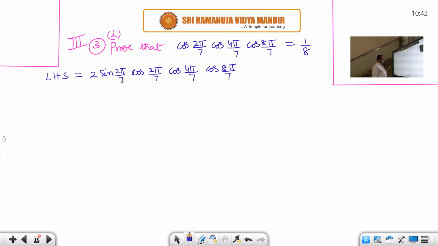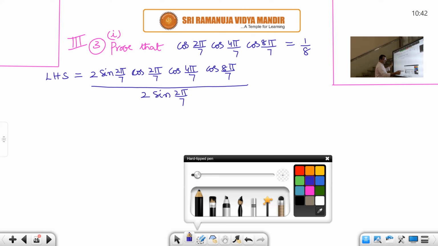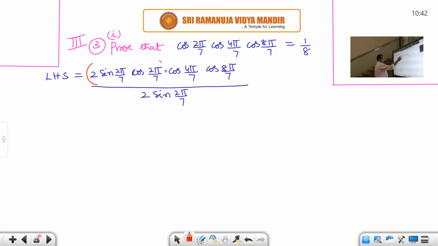That is the correct comment. So I am multiplying and dividing by 2 sin 2 pi by 7. Now I'll put a bracket for these 3: 2 sin 2 pi by 7, cos 2 pi by 7. Which formula can you apply for that bracket?